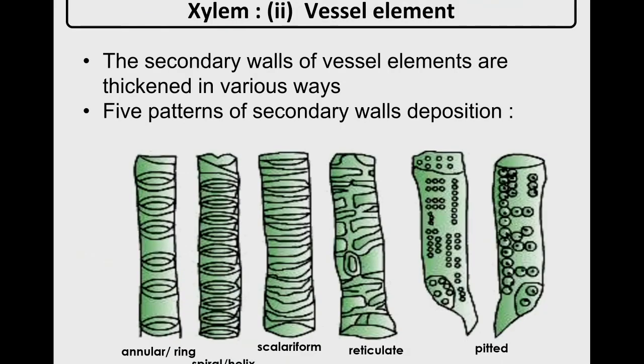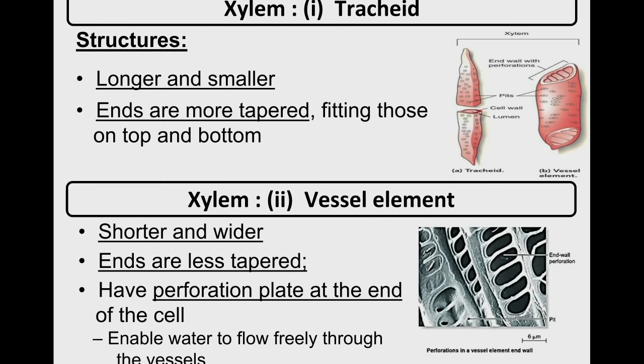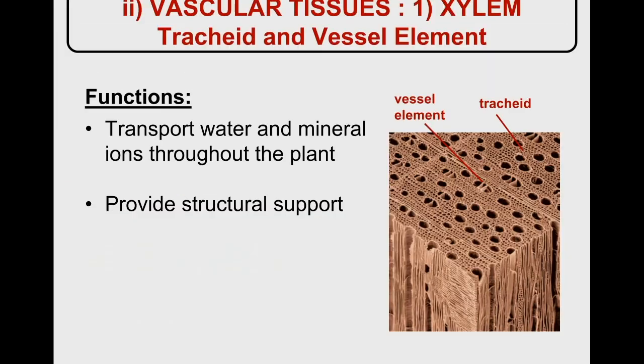For xylem, we have two types, tracheid and vessel element, and there is a difference between these two in terms of structure and a bit about function. So I hope that you can make your own table to differentiate tracheid and vessel element, but both work in the transportation of water.